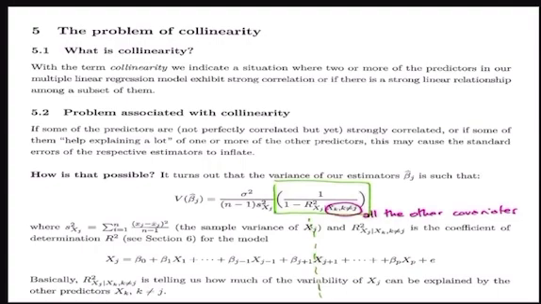Does that make sense? Or say you are using temperature in Fahrenheit and temperature in Celsius in the same model. Even though you have different data sets, they're going to correlate, and when they do, they will be problematic to the model.